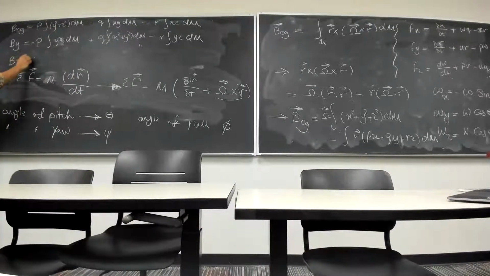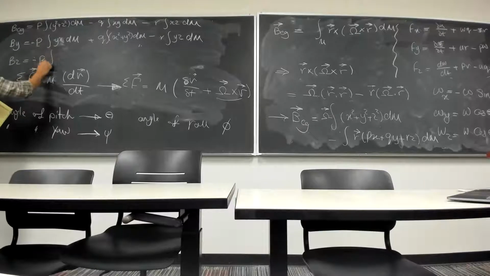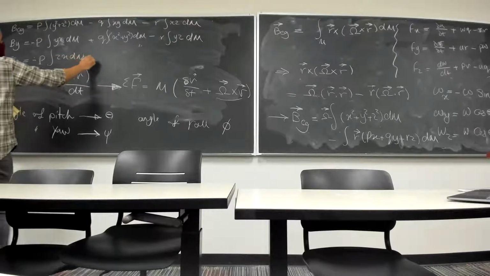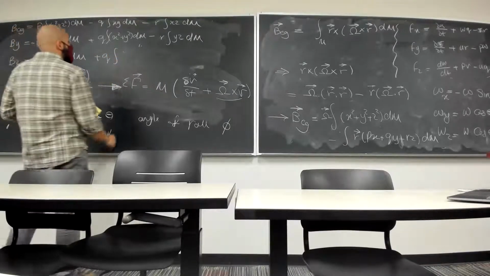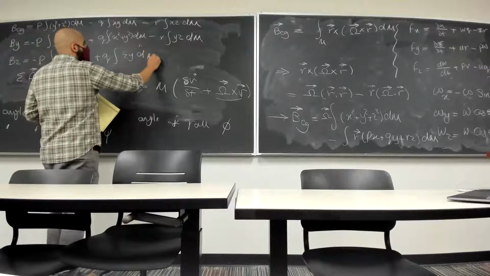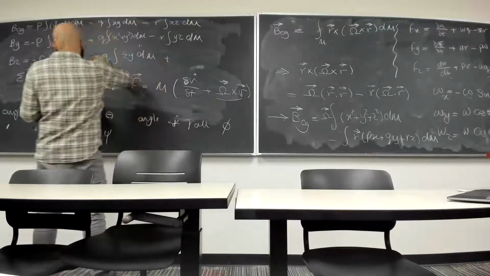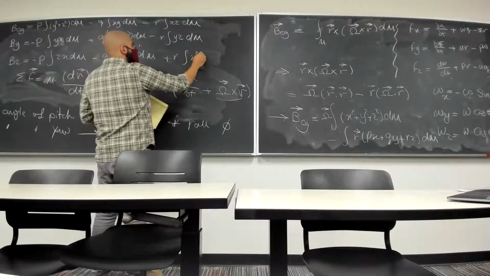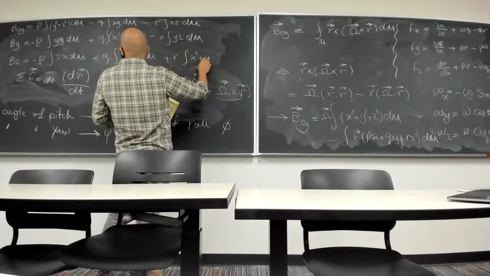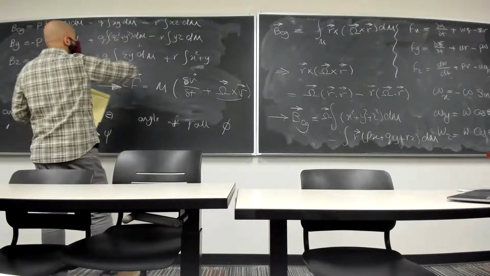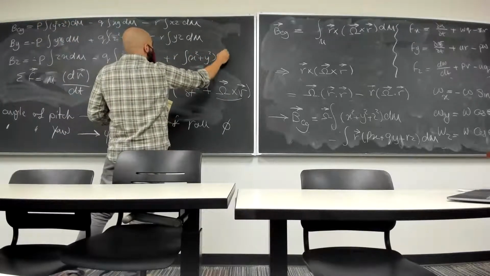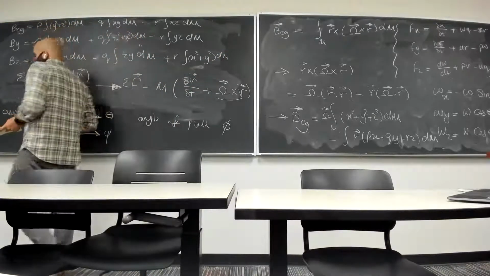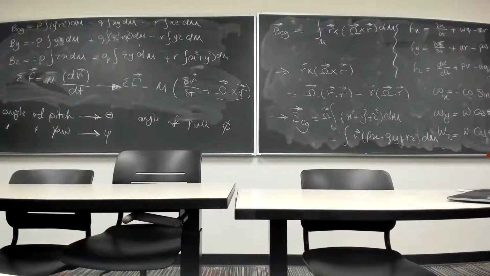Then your angular momentum in the z direction is going to be minus p integral of zx dm, minus q integral of zy dm, plus r integral of (x squared plus y squared) dm. I'm sorry, this is the moment of inertia around the center of gravity in the x, y, and z directions.